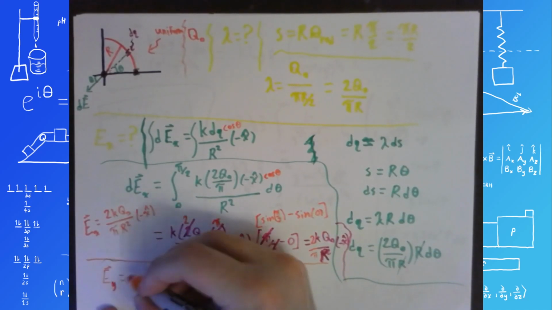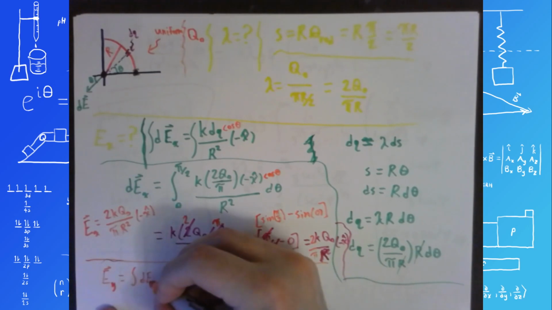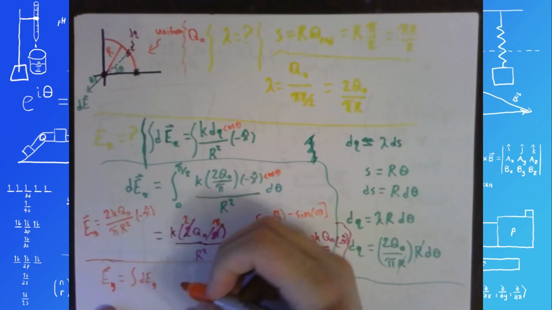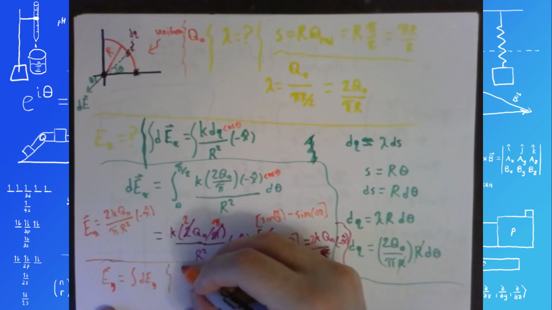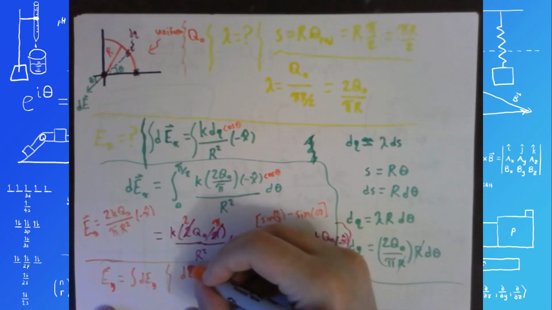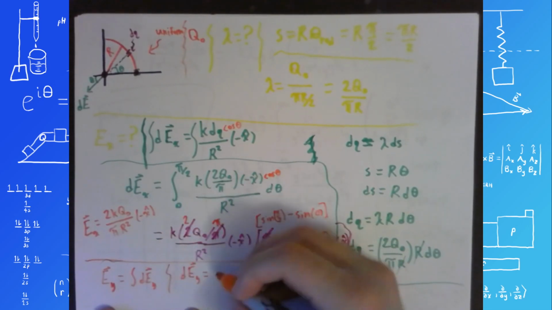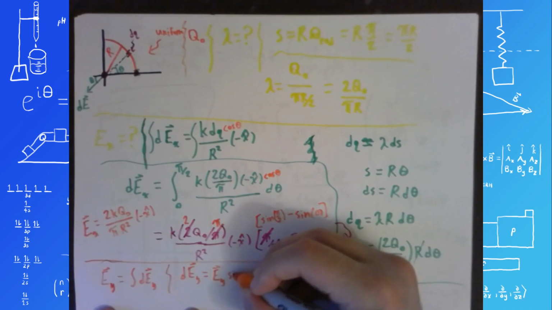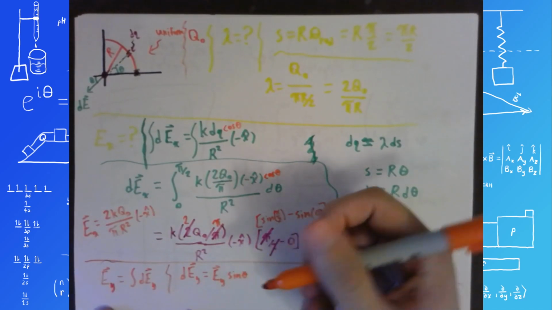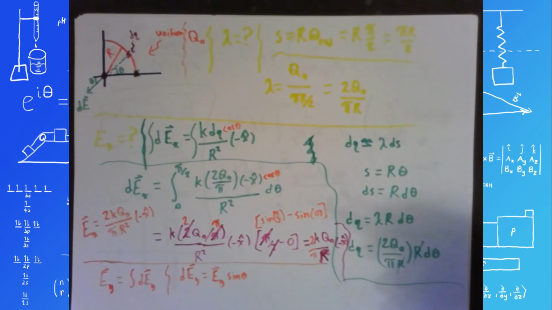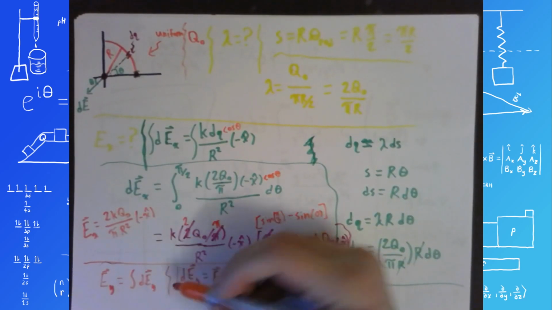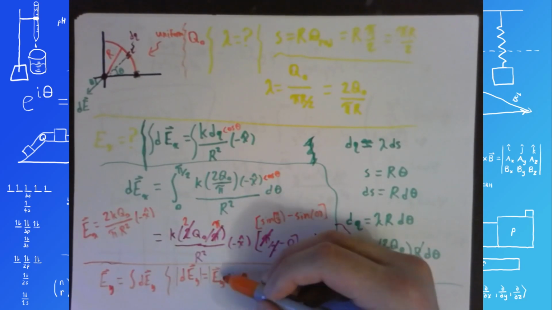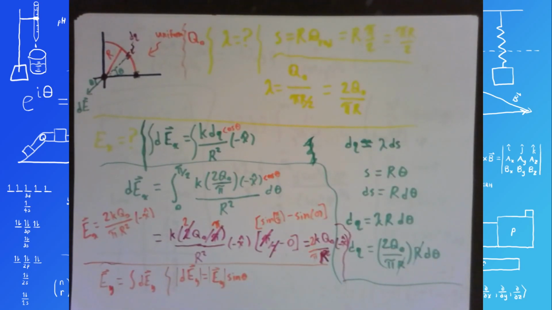So Ey is equal to the integral of dEy, and at least the magnitude of dEy is equal to the magnitude of dE times sine of theta.